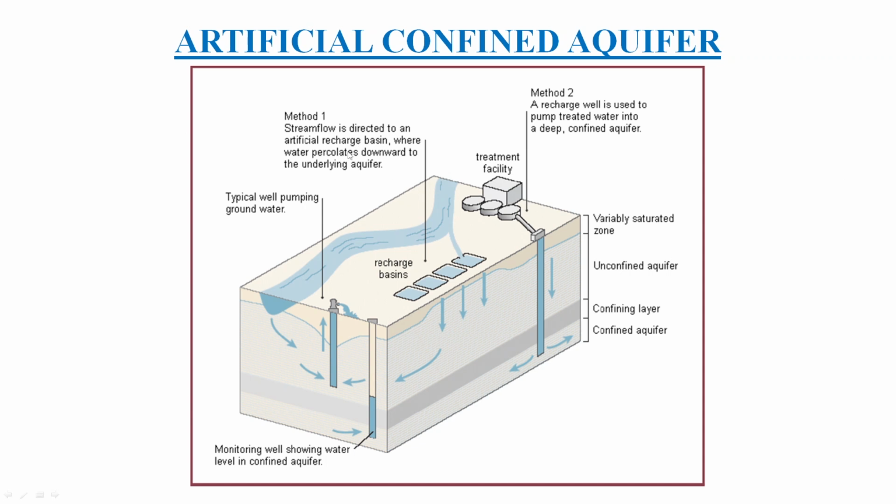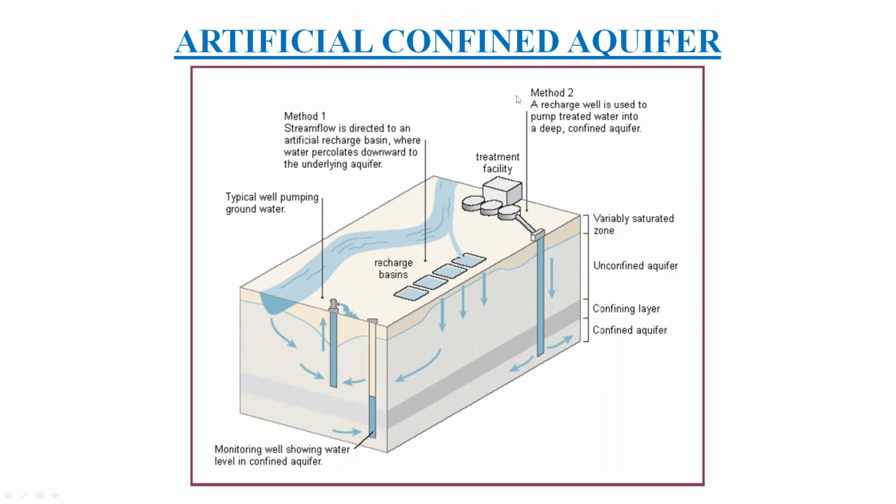If you want to prepare an artificial confined aquifer, you can take a nearby freshwater stream which is relatively pure in nature. The first method is that the stream flow is directed to an artificial recharge basin that you have constructed, where the water percolates downward to the underlying aquifer. Because you are storing that water, it has ample time to infiltrate into the soil. So that's how you can recharge an aquifer.